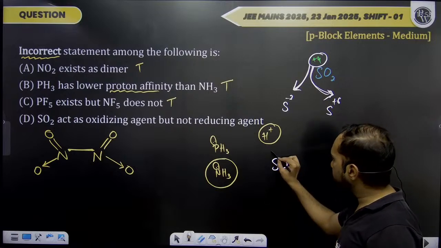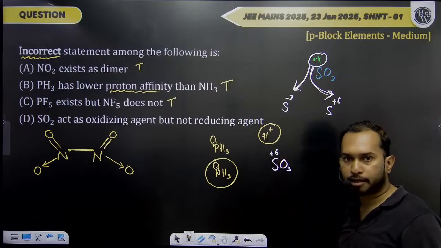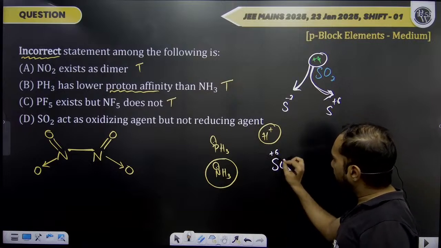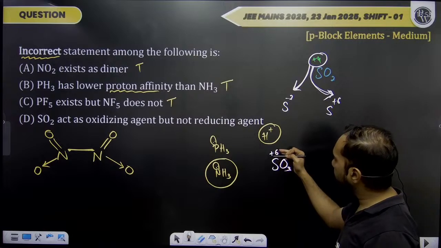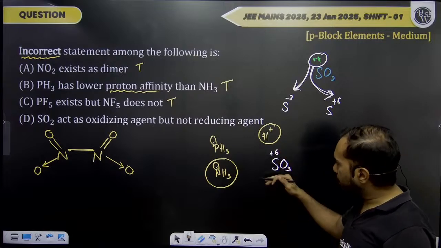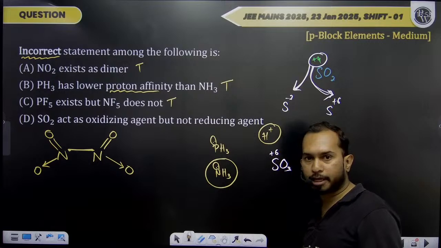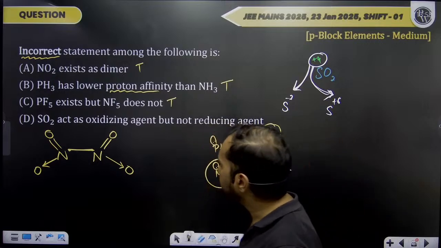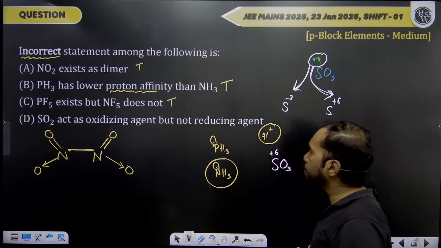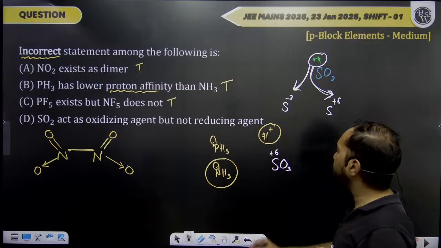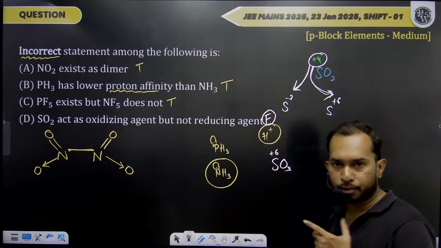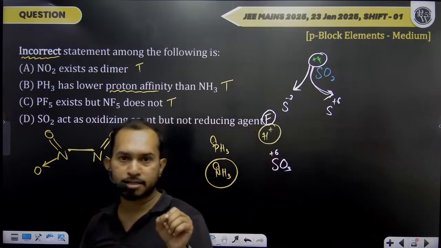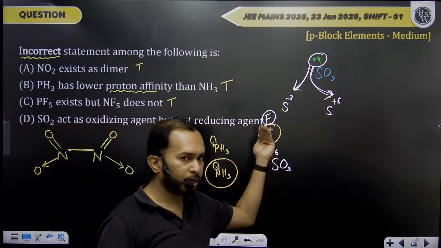Sulfur is already in its highest oxidation state, +6, so no further increase is possible. It cannot get oxidized, so it cannot act as a reducing agent. So statement 4, option D, SO2 acts as an oxidizing agent but not a reducing agent, is false. SO2 can act as both, because its oxidation state is between the maximum and minimum.